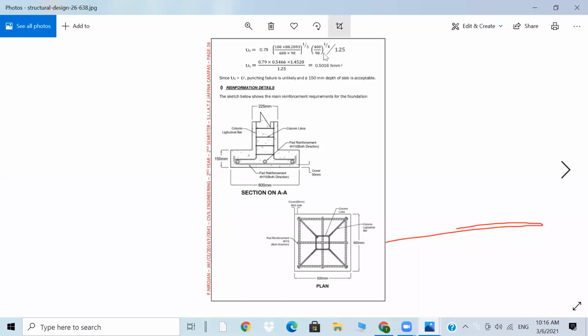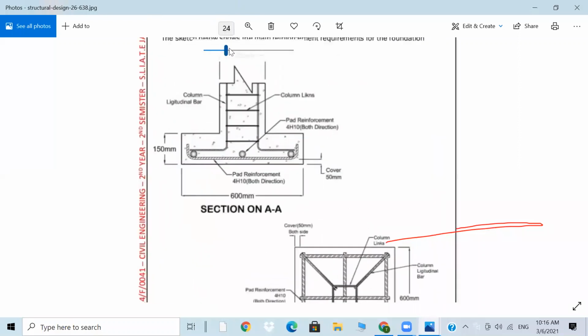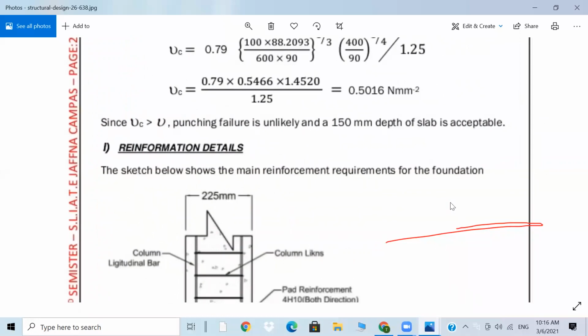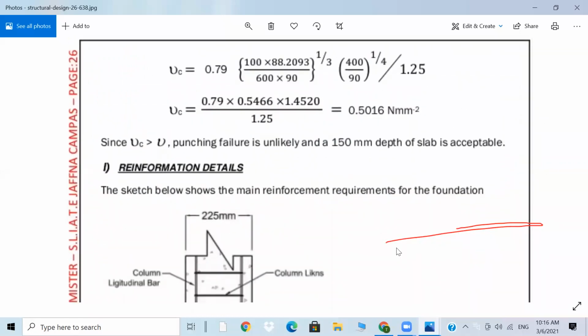So the vc is equal to 0.79 times 100 into 88.2 divided by 600 into 90, to the 1/3, times 400 divided by 90 to the 1/4, over 1.25.